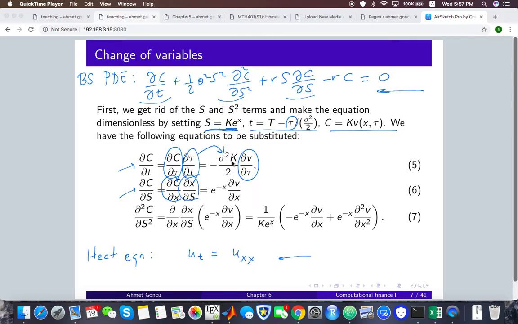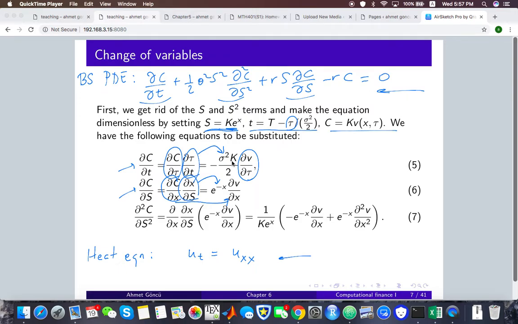And we are applying the chain rule just like in the first case, partial derivative of x with respect to S. Okay, so you can see that now this first term here will be written in terms of v, and the second partial derivative here is going to be equal to e to the power minus x.